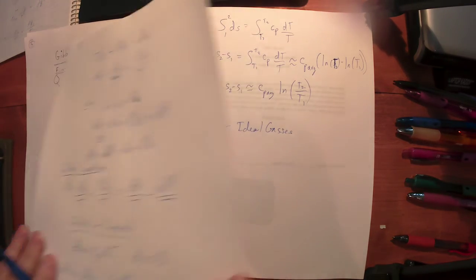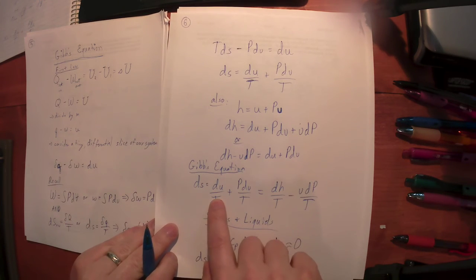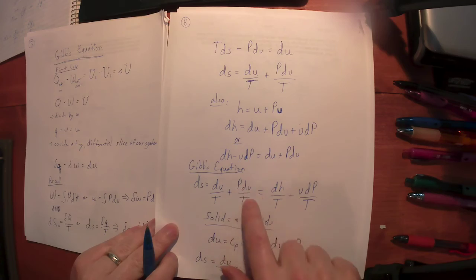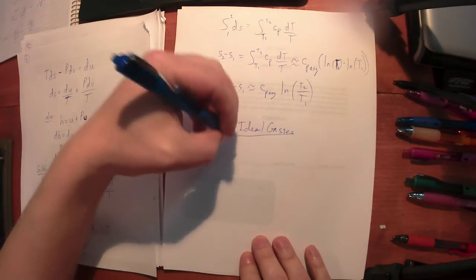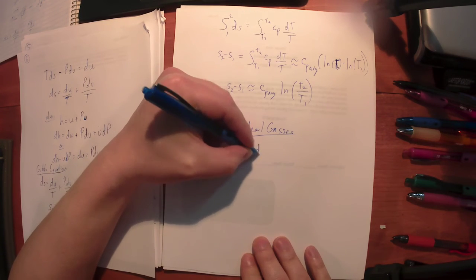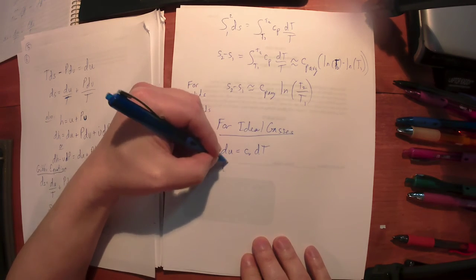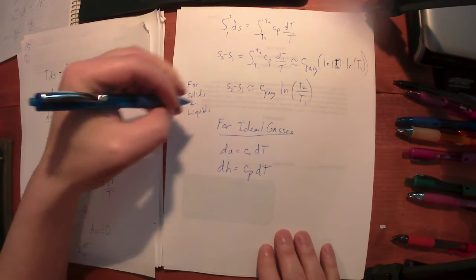Okay. Now we also mentioned ideal gases. Again, this is Gibbs equation. We need to be able to describe how U or H changes as a function of temperature and how P, V, and T relate to each other. Well, we can do that for ideal gases pretty easily, right? du is equal to C sub V dT for an ideal gas. dH is equal to C sub P dT for an ideal gas.